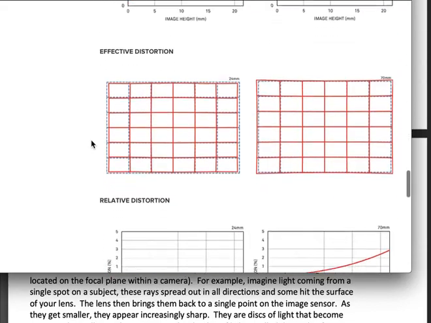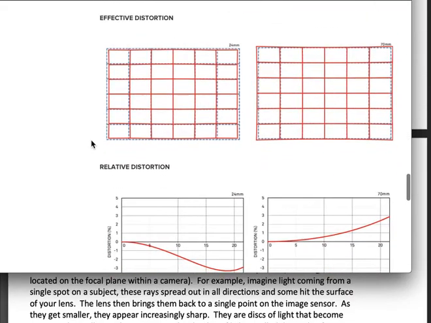Various other charts for distortion, and this in particular I think is really cool. If you're an architectural photographer, this might be an important thing to consider. Barrel and pincushion distortion on a zoom lens or a wide-angle zoom lens are going to be particularly noticeable.